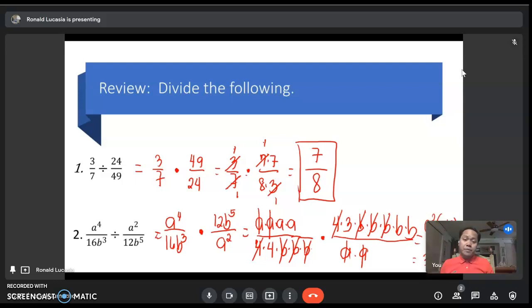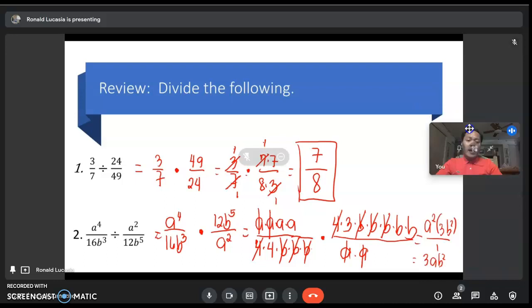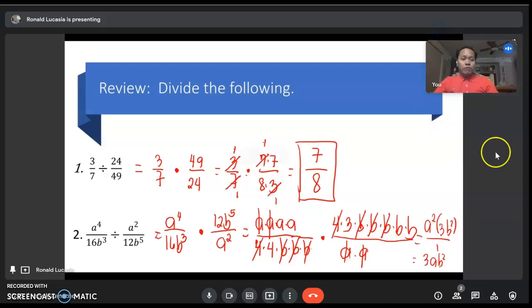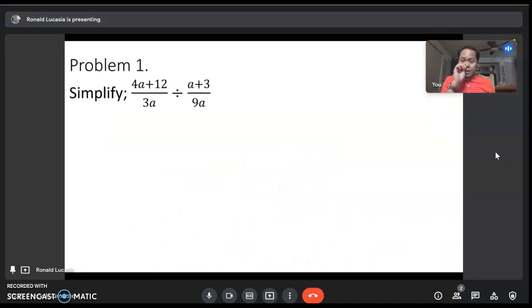You don't need to put 1 in the denominator because that is understood. So we can use this concept in dividing rational expressions. So I'm going to have some working solutions here.